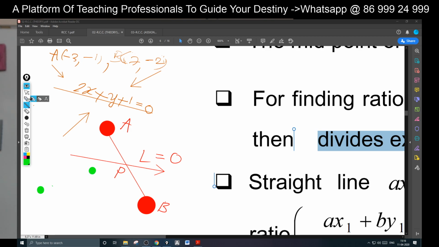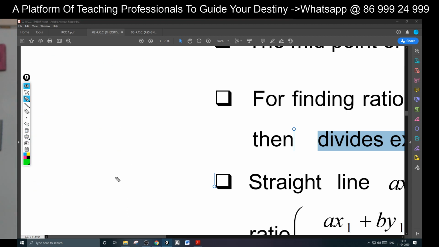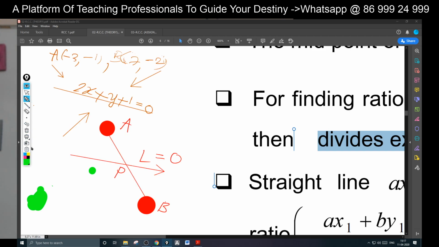Let me name them. This is A, this is B. Now I am joining these two.